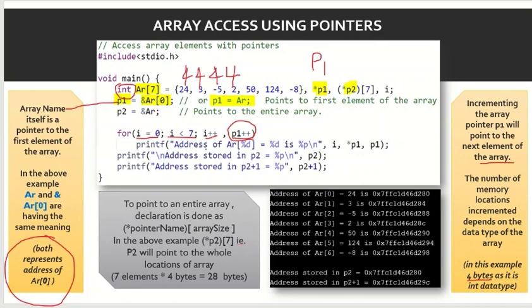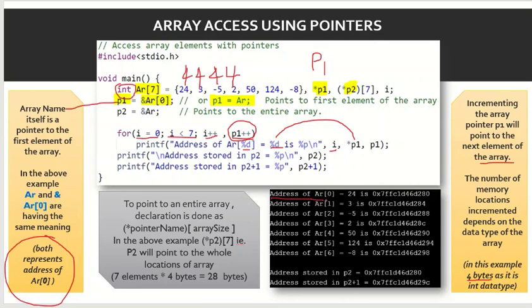So it prints address of AR of %d, where I am using this %d to index it. First it will print AR of 0 equal to %d, and this is the value, represented using star p1. Initially it is pointing to AR of 0, so it will print the value of AR of 0, that is 24.